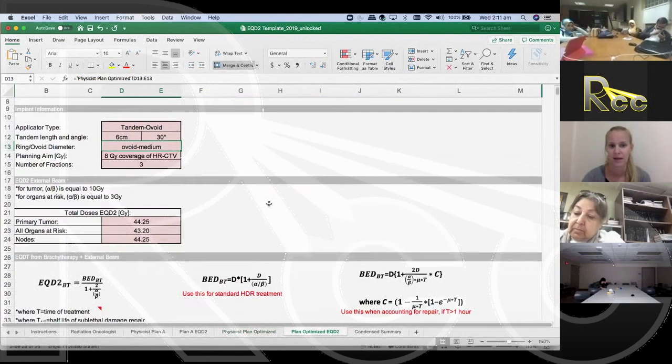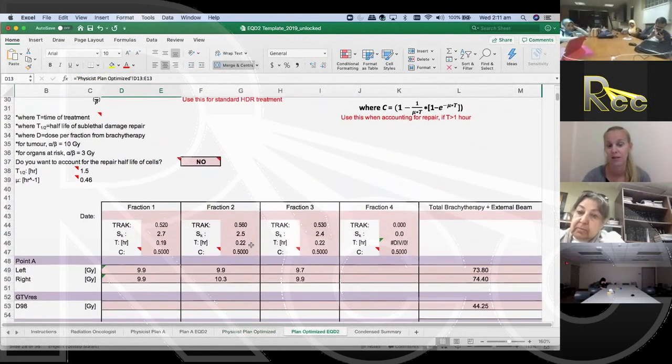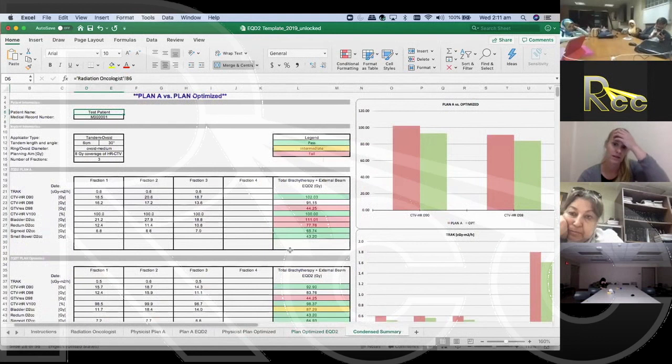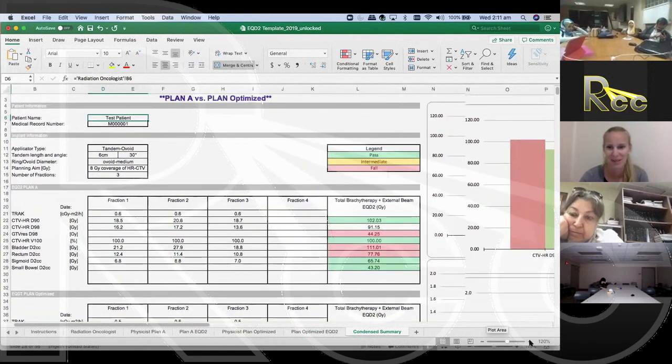And again, our EQD2 doses for our optimized plan are automatically calculated in the next spreadsheet. The important thing to notice is this condensed summary plan, which is probably really hard for you to see. Try and blow it up.